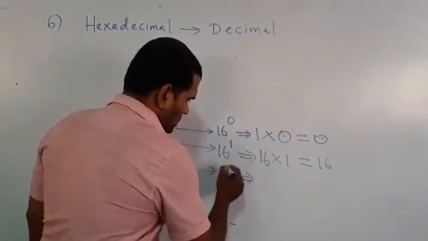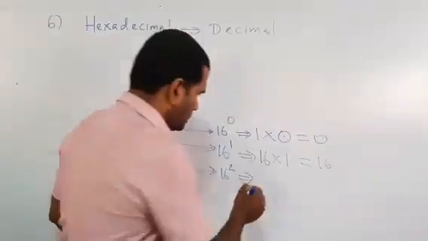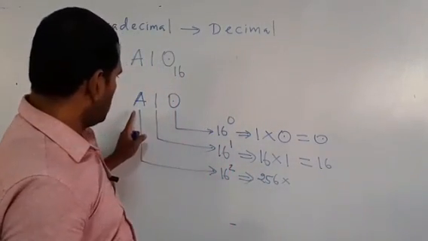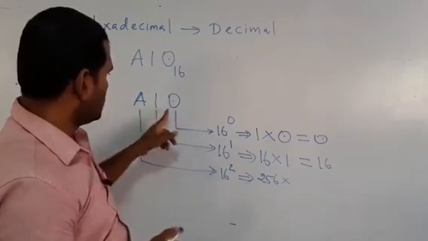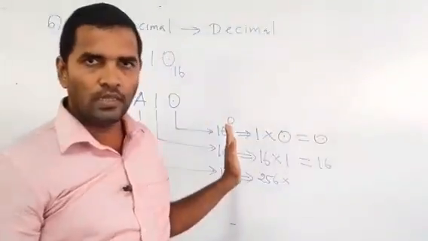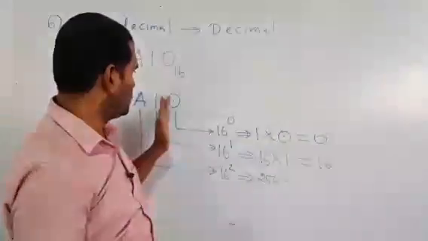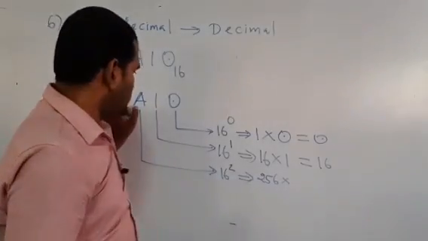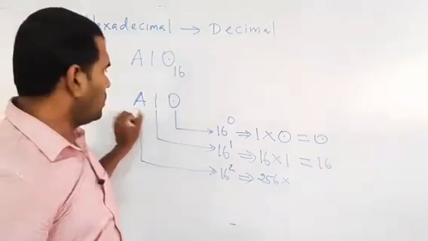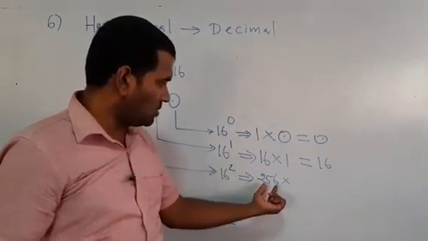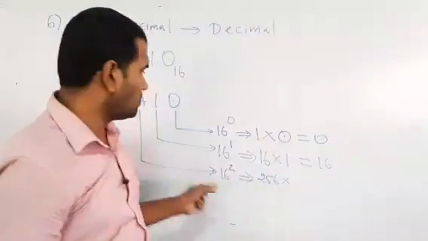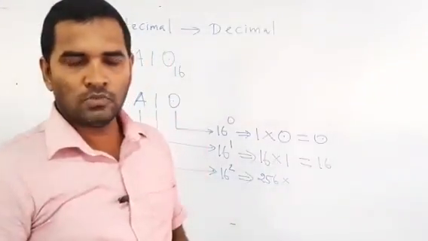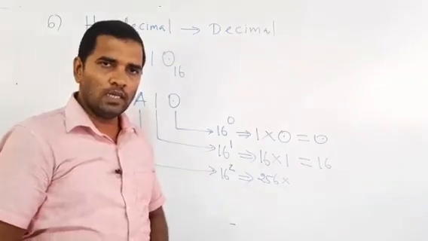Last one, it is 16 to the power 2, which is 256, into the digit. Look here, this is slightly different, because in the previous examples we had only digits in the form of numbers. But here, this is A. According to the previous method, you have to multiply this 256 by A. But you can't multiply a number by an alphabet.